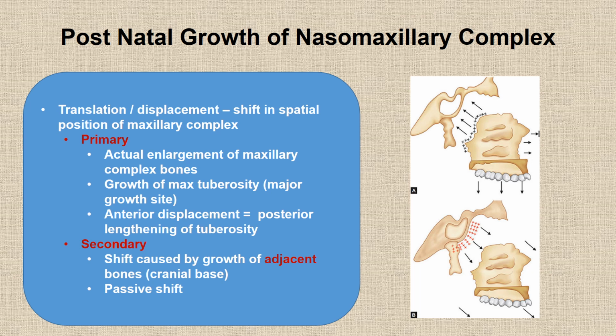Now, the anterior displacement is equal to the posterior lengthening of the tuberosity. Now, secondary translation means the shift in the position of the nasomaxillary complex is caused by the growth of adjacent bones, in which case this is the cranial base, and this is a passive shift in response to the growth of the cranial base.